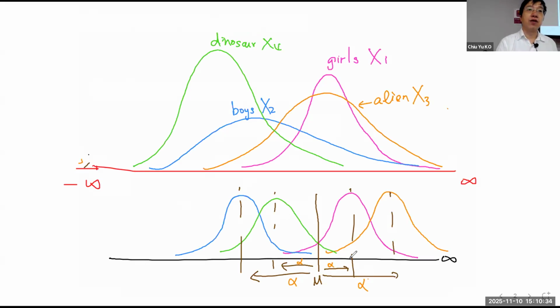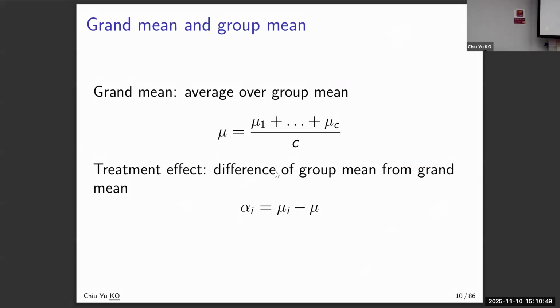Of course, this will be negative because it's this minus this, the distance. So that means the treatment effect. And of course, we want to say whether the treatment effect is zero or not. Later we'll see why we care about that.